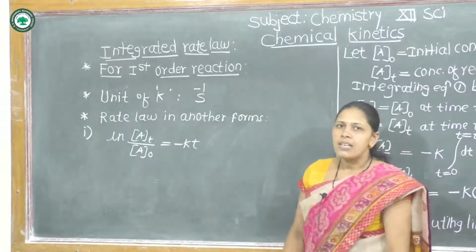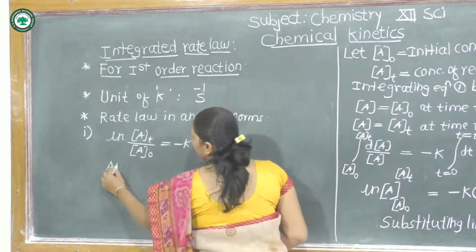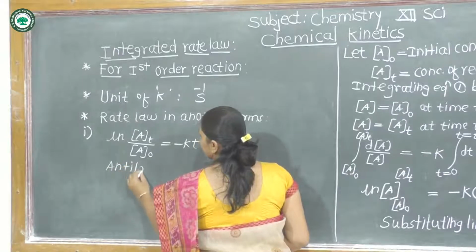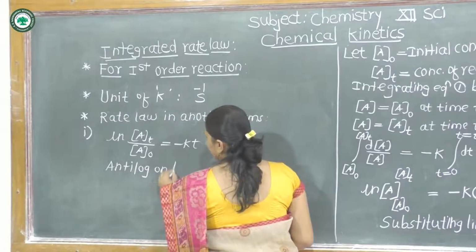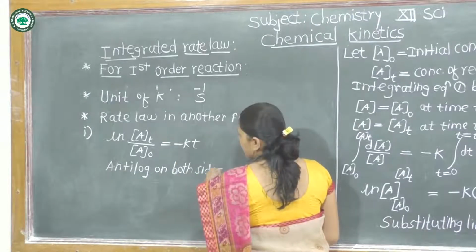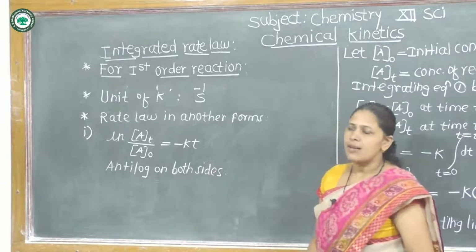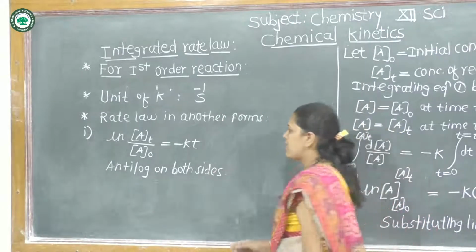By taking anti-log on both sides, here ln and anti-log are opposite terms, so they cancel.